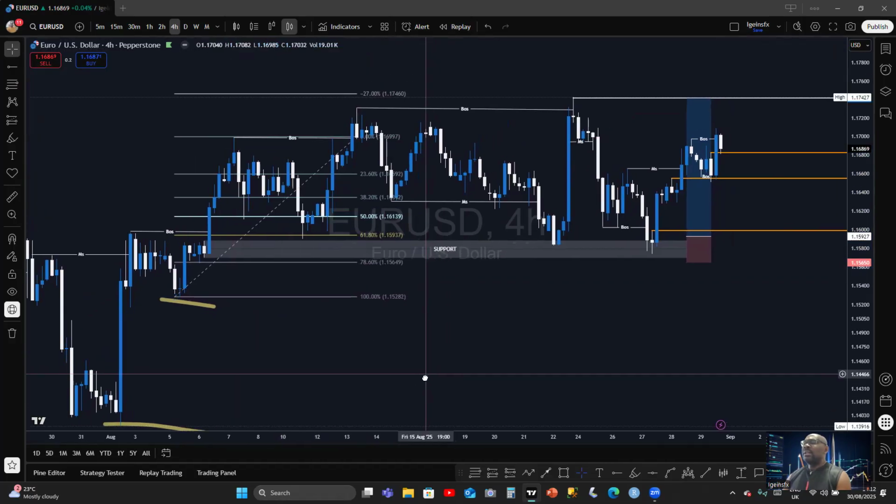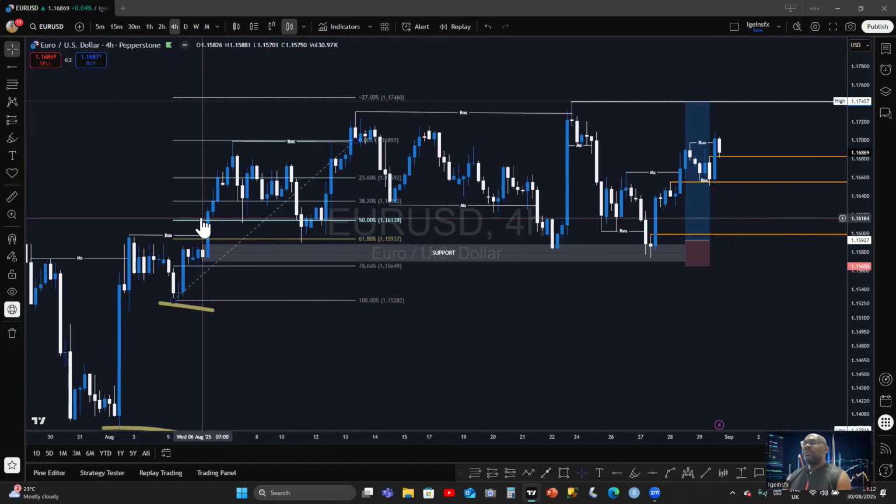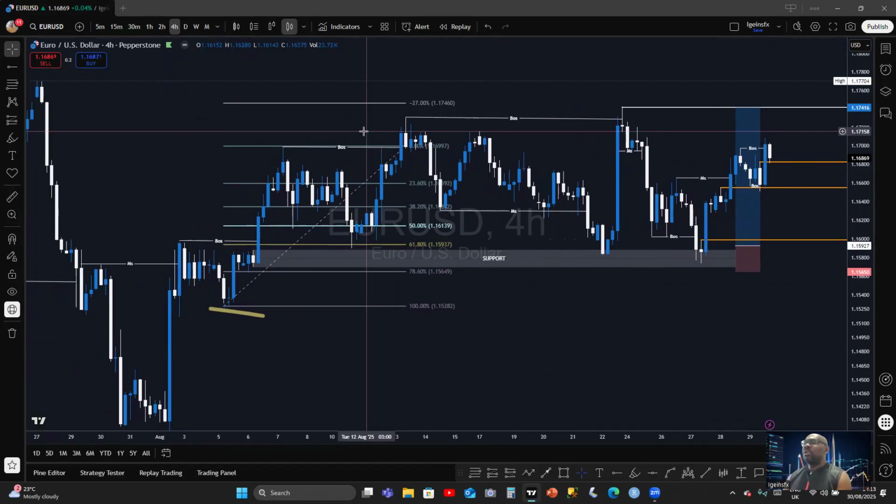All right. Now, from 50 to 100 is what we call the discount level. From 50 to 0 is what? Premium level. 50 to 0 means the price is high. From 50 to 100 means the price is low.